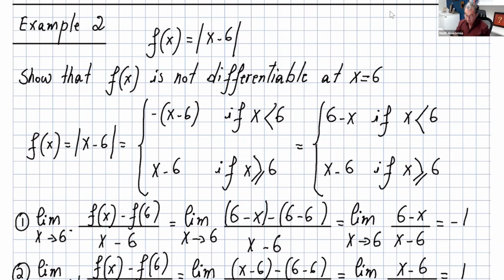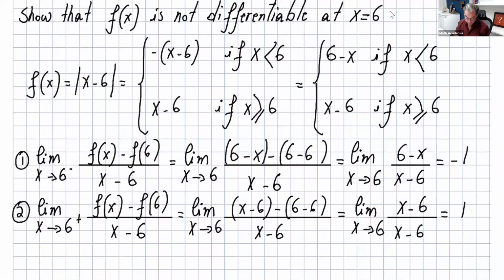So the function can be written as 6 minus x if x is less than 6, and x minus 6 if x is greater than or equal to 6. Now we're going to use again the limit definition. If I want to find f prime of x first, this is a piecewise function.